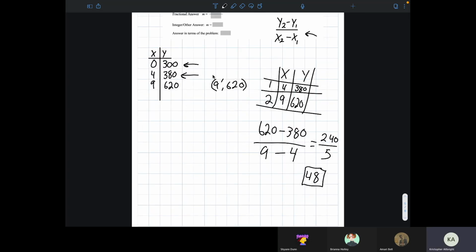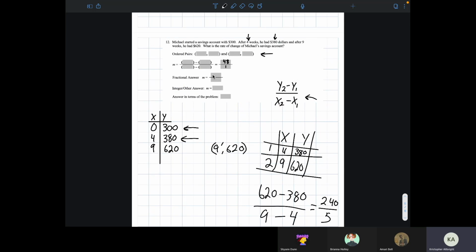This is the simpler way to write it, but 240 over 5 isn't wrong. You can just write 48 here, because anything divided by 1 is itself. So 48 over 1. And then we say, what is the rate of change of Michael's savings account? 48. So that's how you solve problems that look like that.